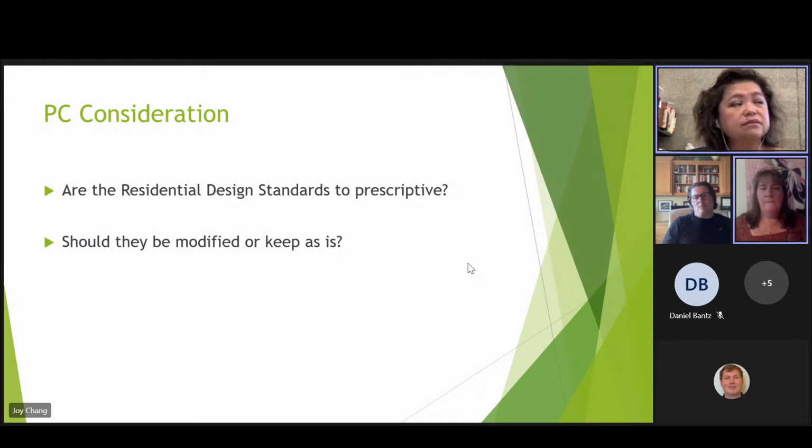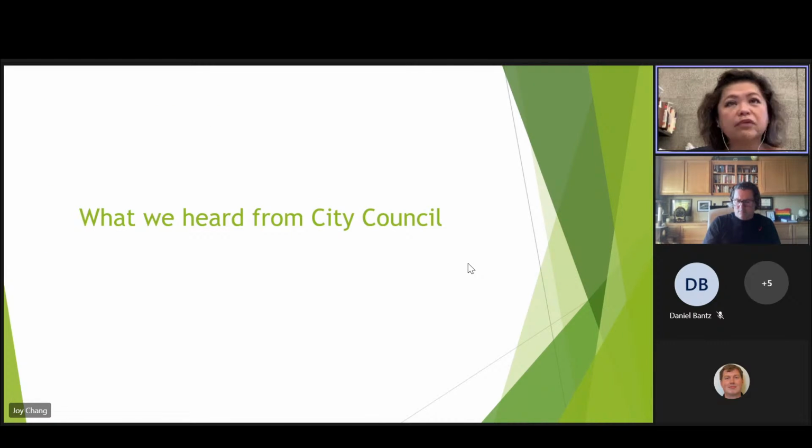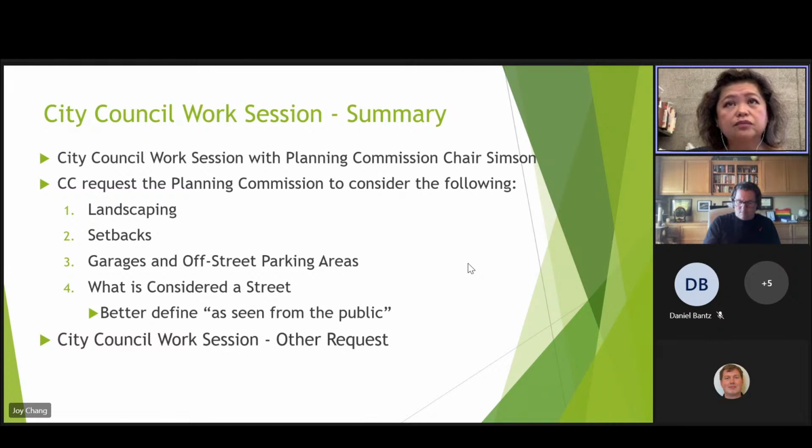Okay, so let's move forward. The next thing I believe is what we heard from city council. Staff met with city council on July 20th, and also in attendance to represent the planning commission was Chair Simpson.